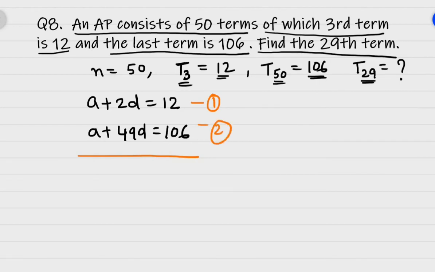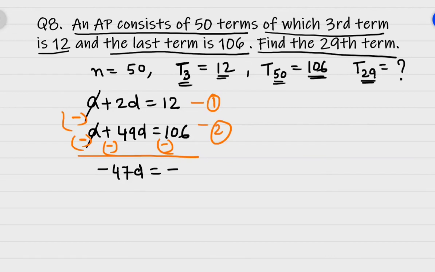Suppose we are subtracting equation 2 from equation 1. What will happen? We are subtracting. A will change to minus, 49d will also change to minus, 106 will also change to minus. Now what will be left here? You see, plus a minus a gets cancelled. 2d minus 49d, you will get minus 47d, which will be equal to minus, now 106 minus 12.